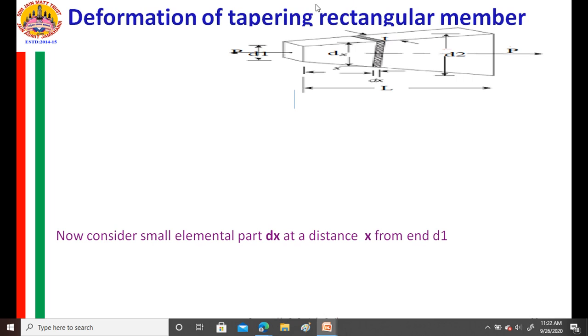Means if I observe it from the front side, for the whole length it will appear as a trapezium. If the length goes on reducing, for very small length it will appear as a rectangle, so that I can consider the area constant for that particular length.